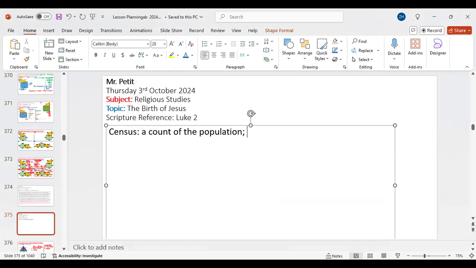A stable, what is a stable? A place where animals live.